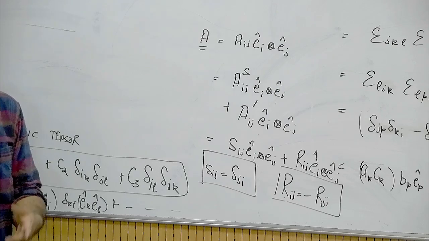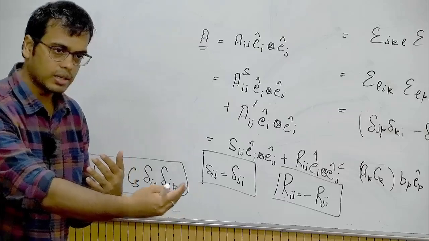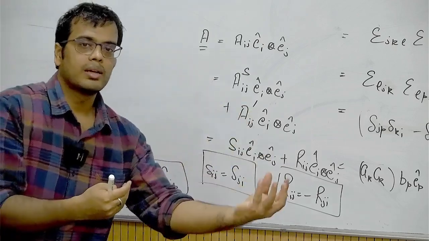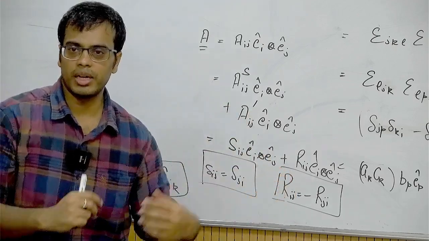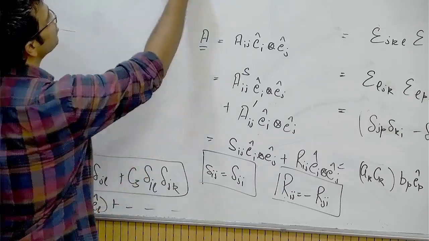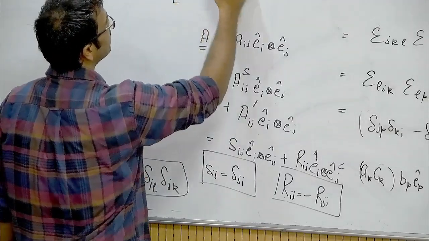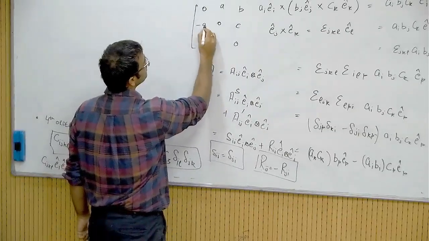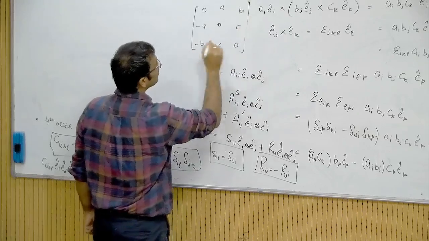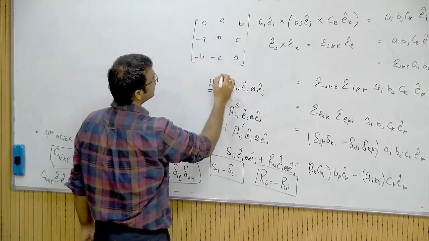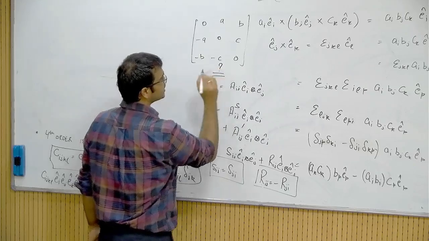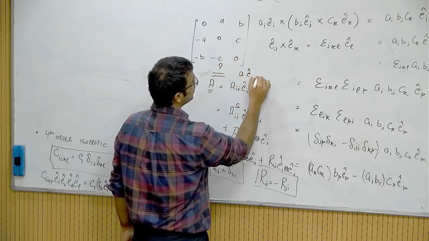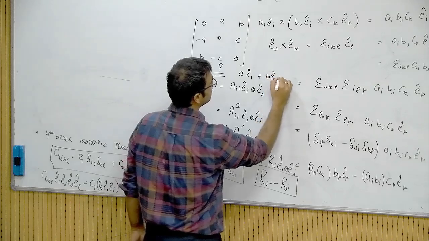So there has to be a relation between an arbitrary second order antisymmetric tensor and a vector made up of its 3 independent components. Let's say you have an antisymmetric second order tensor which has 0 0 0, then A B C, so you'll have here minus A, minus B, minus C. There has to be a relation between this tensor and this vector; I'll just write it as a question mark.